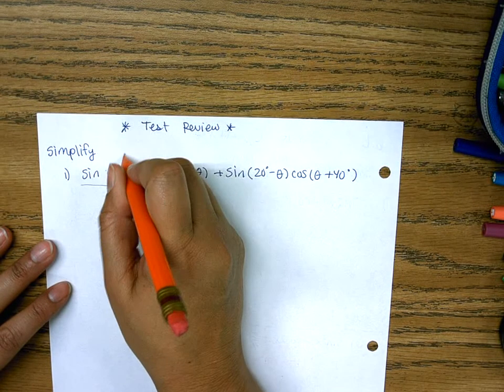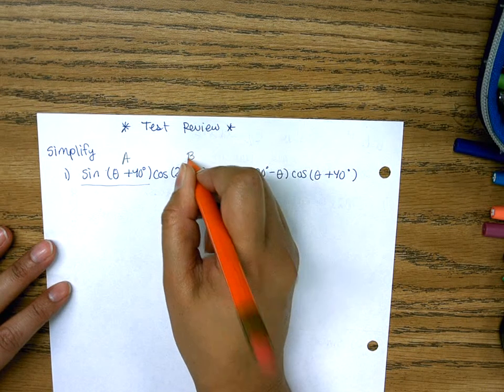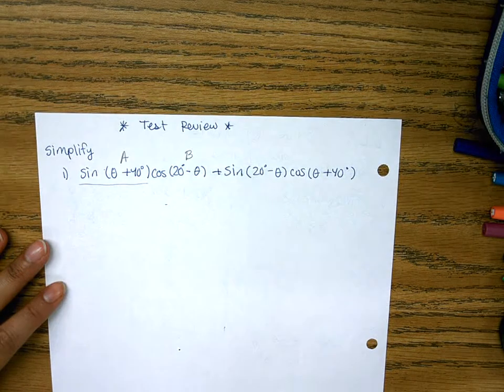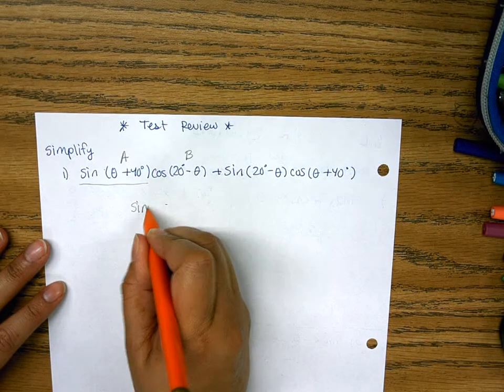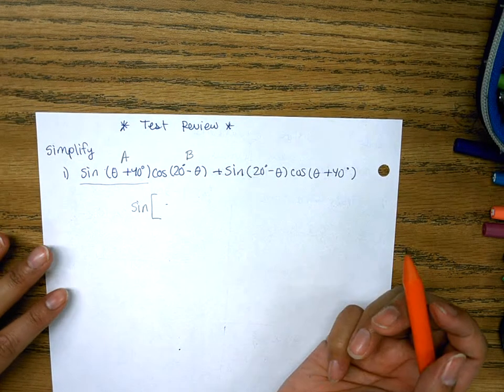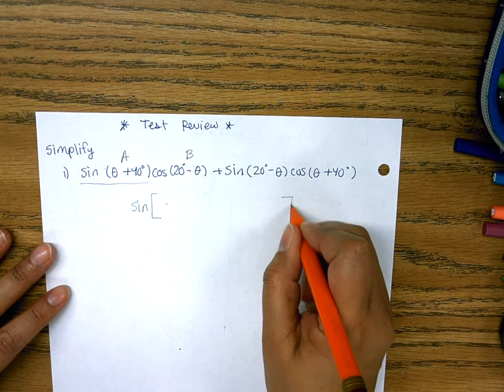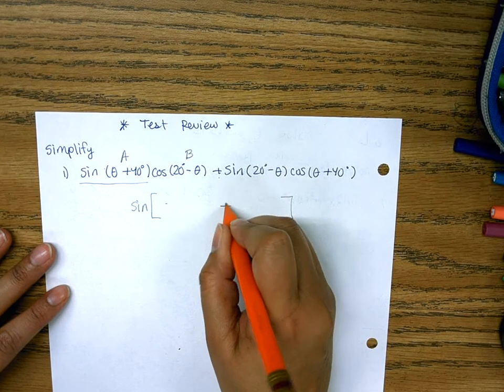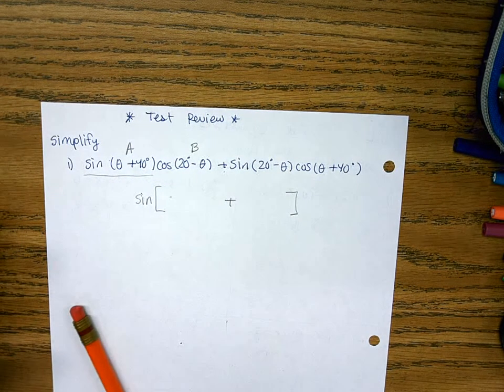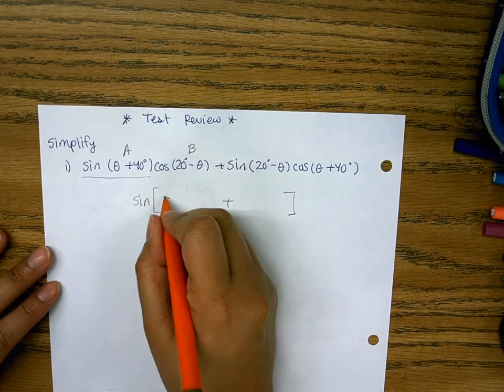It's friendly, so it's the sine formula. And remember, A is always with your first sine, so that is A and that is B. Sine of A minus B or plus B. It's going to be plus because of that plus sign right there.